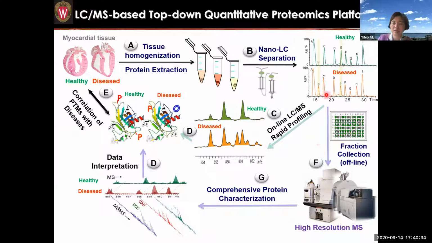Remember, a lot of mass spectrometers are pretty sensitive, so we can also collect large fractions for offline MS characterization. You can also use these for functional study. And finally, we can correlate the post-translational modifications with disease.